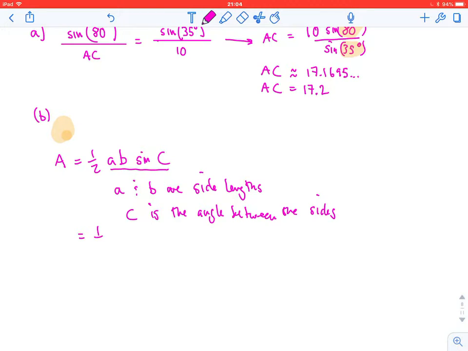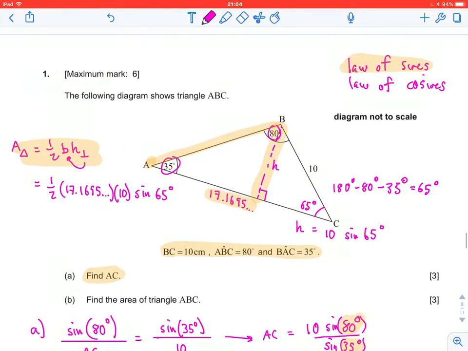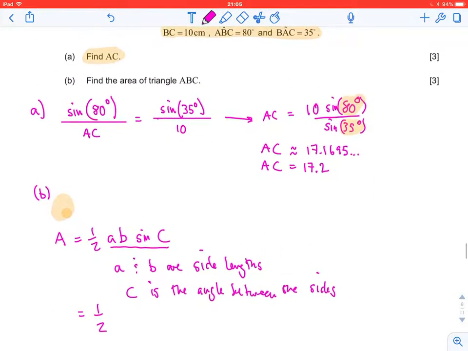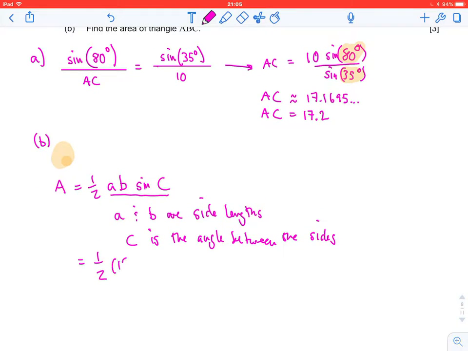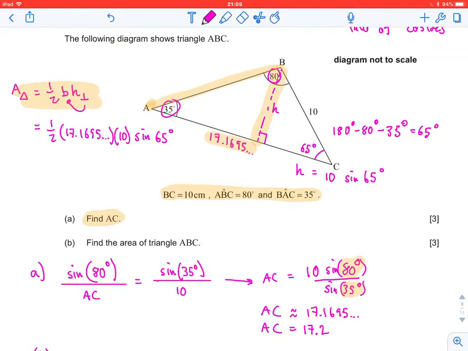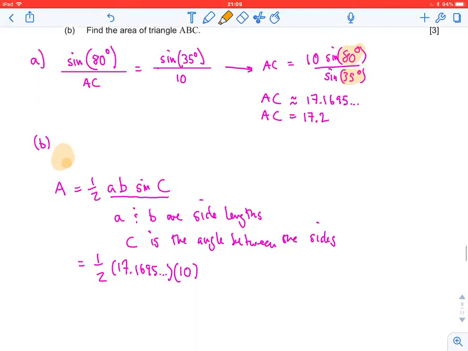So we can find that area just by saying 1/2. Let's pick two of our sides, and so those two sides, again, we can just use the 17.1695... Let's multiply by another length that we have. We have that length of 10, and then let's find the angle that is between those two sides, and that is the 65-degree angle right there.